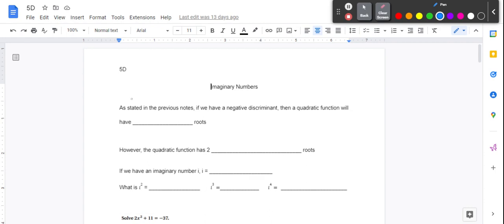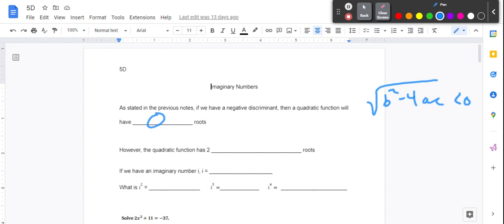In previous notes, when we did the quadratic formula, we had the b squared minus 4ac piece, which was the discriminant. Now if the discriminant, b squared minus 4ac under the square root, was less than zero, meaning it was a negative number, it would have zero roots.